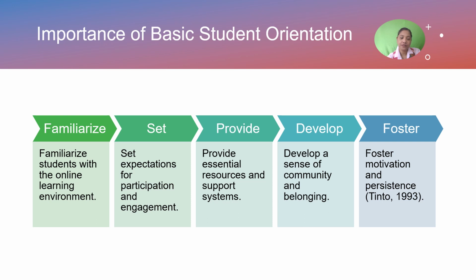It helps students familiarize themselves with the online learning environment, sets expectations for participation and engagement, and provides essential resources and support systems. Additionally, orientation contributes to developing a sense of community and belonging among students, which can foster motivation and persistence in their academic journey, as discussed by Tinto in 1993.